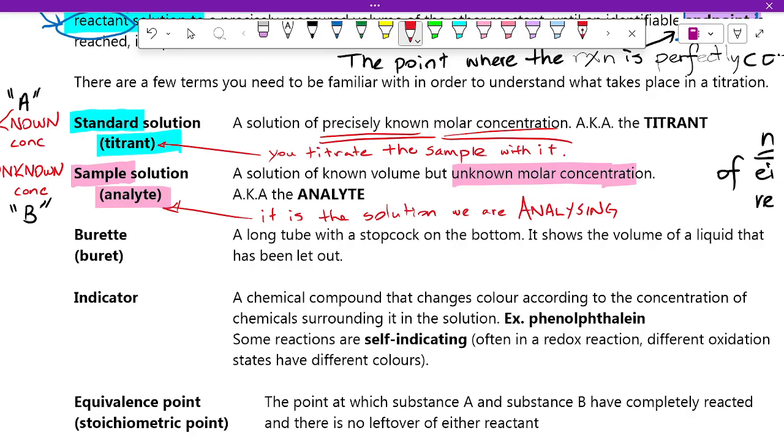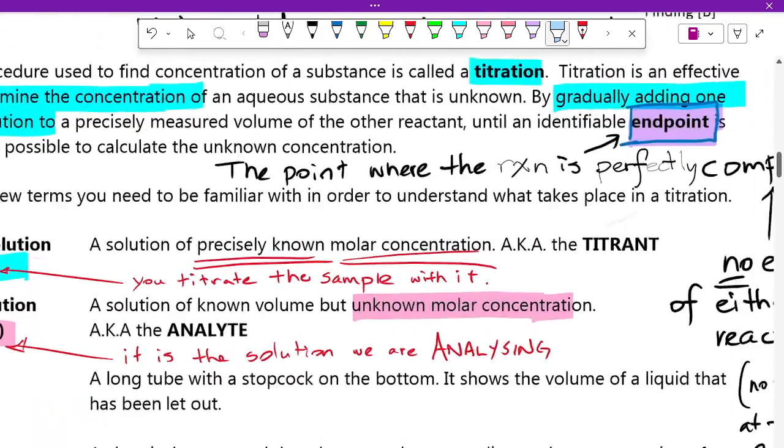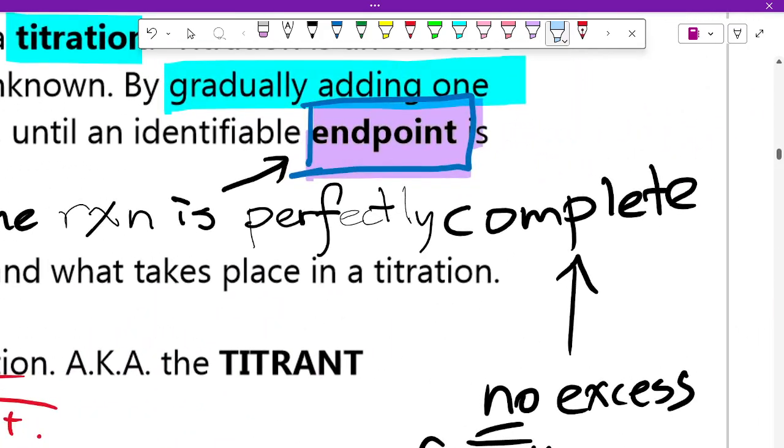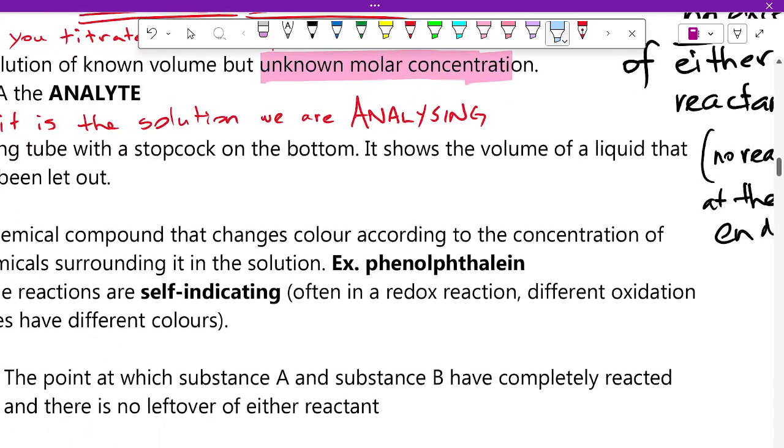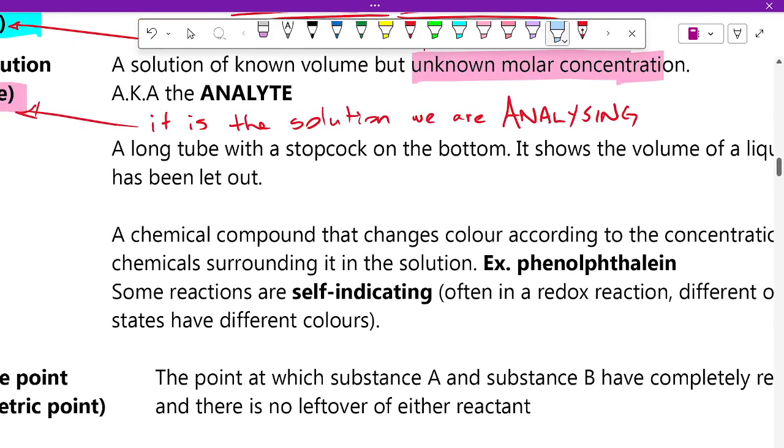Usually there is going to be an indicator. How many people did a titration last year? If you did a titration, what color did your solution turn? It turned a bright pink color, and that's because you added a phenolphthalein indicator. What an indicator does is change color when we have perfectly completed the reaction, when we have no excess of either reactant.